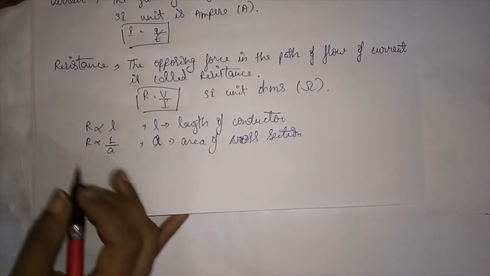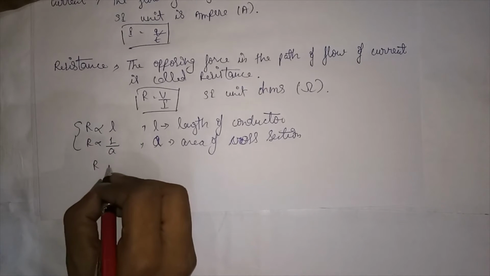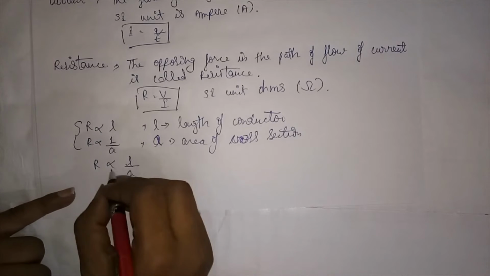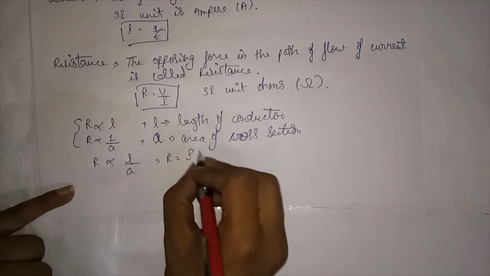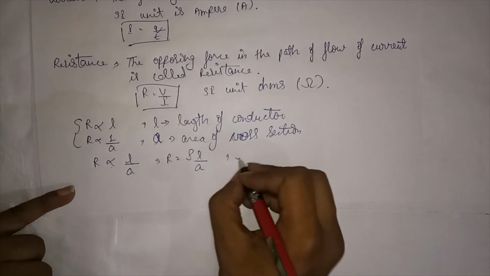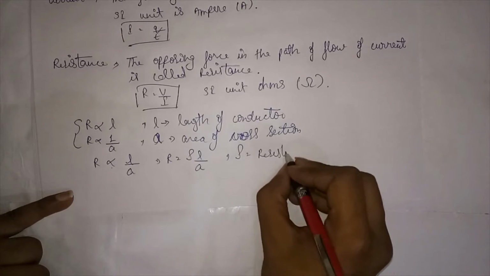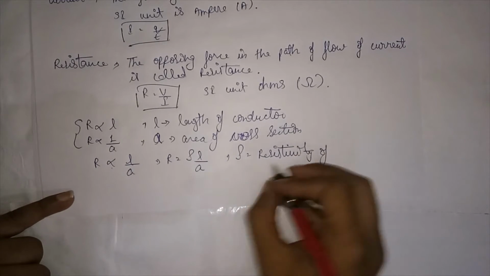From both of these we get that R is proportional to L upon A. Now removing the sign of proportionality, we get R is equal to rho L upon A, where rho is defined as the resistivity of the conducting material.